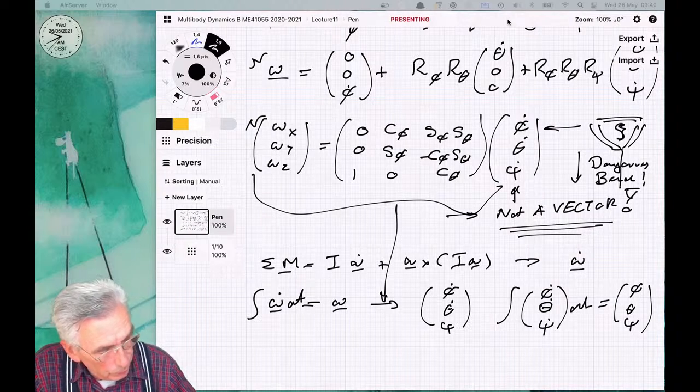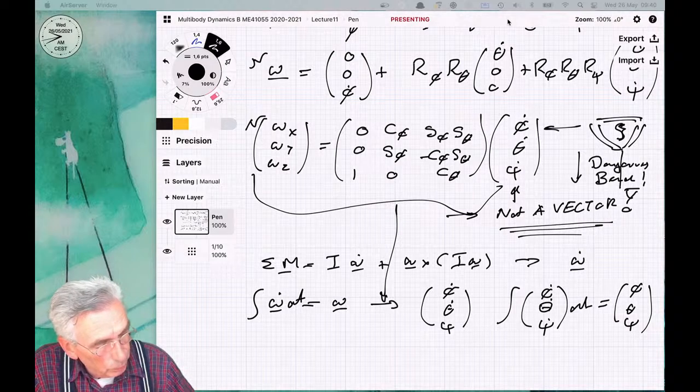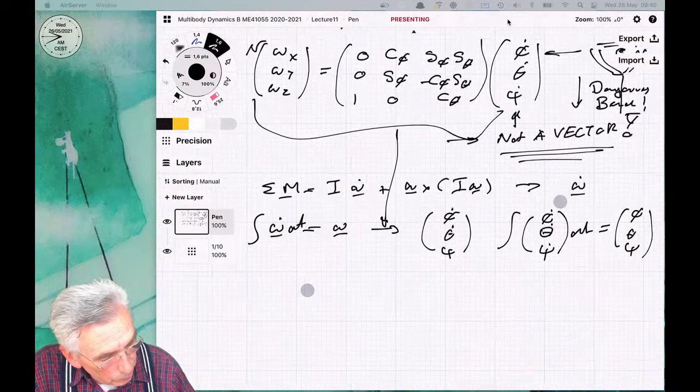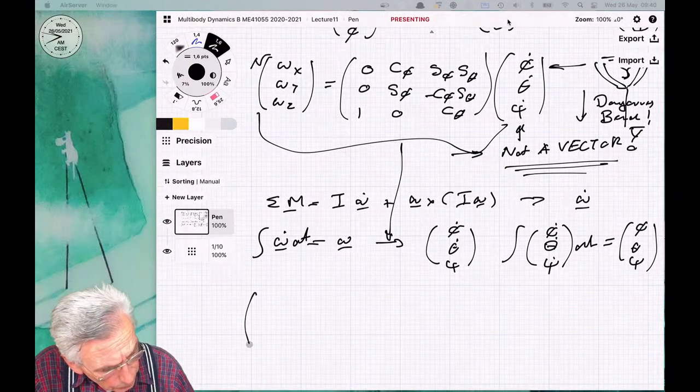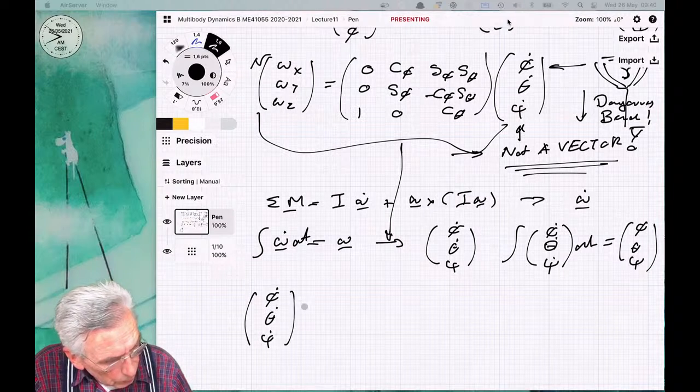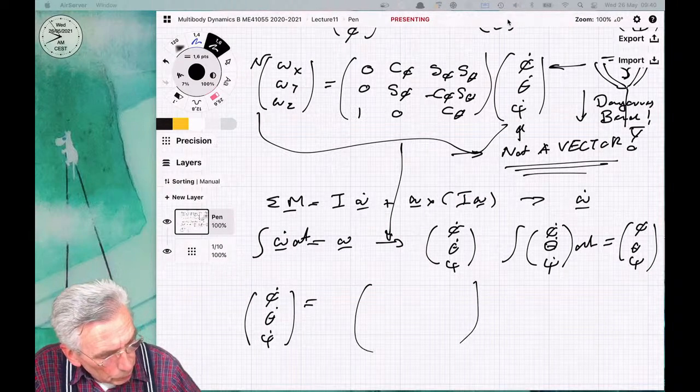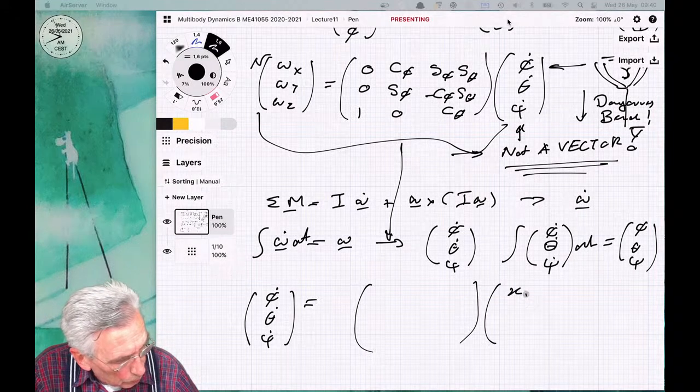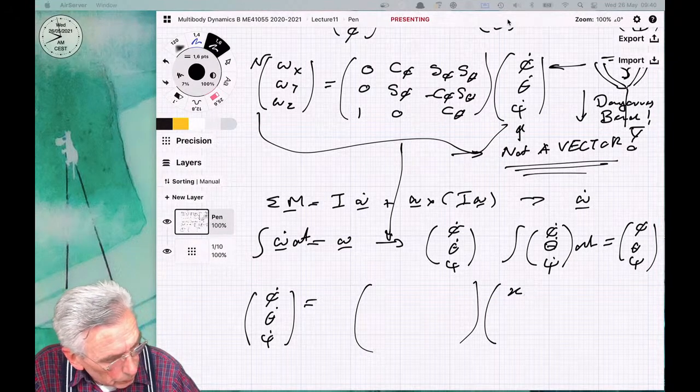Because given the current position and the angular velocities, what are its time derivatives? So we need the inverse. So let's do that. We need phi dot, theta dot, psi dot equals, and then we have to do the inverse of this matrix, but the matrix is not so complex.